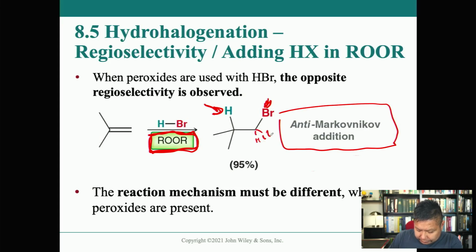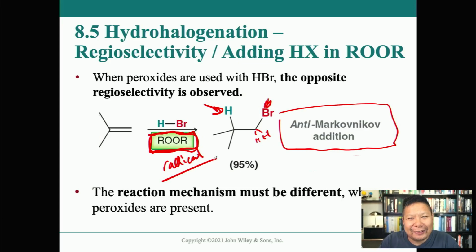Interesting, right? So what that means is that the reaction mechanism must be different when there is a peroxide present. And I'll tell you now that whenever you have a peroxide, more often than not, it's going to be a radical mechanism. Radical. Super rad.